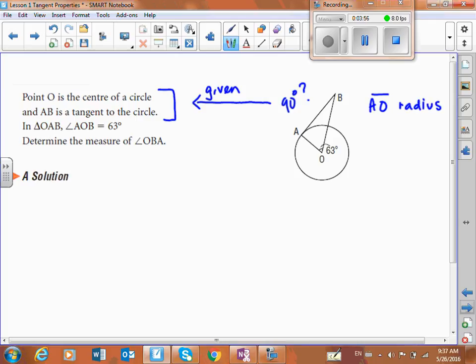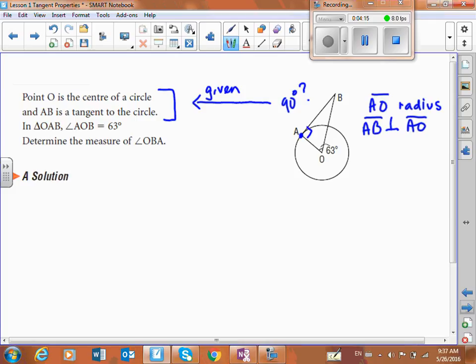Okay, AO is the radius. Then AB is tangent. That's point A right here. There's the point of tangency. We can then say that AB is perpendicular to AO. Okay, and because we know that, we can draw in the 90-degree angle.